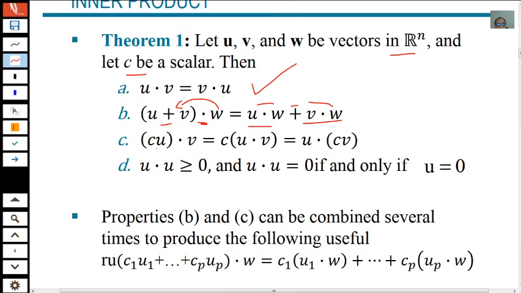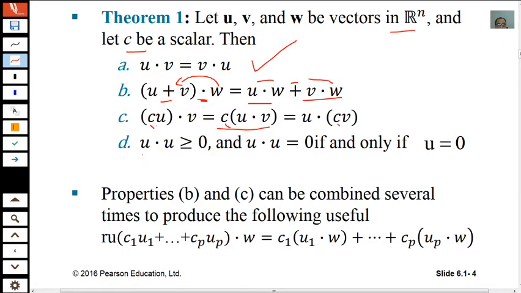And when we have a multiple of a vector for one of them, u or v, this scalar can be written outside of the dot product. Namely, the place of the number is not important. You can write it anywhere you want.